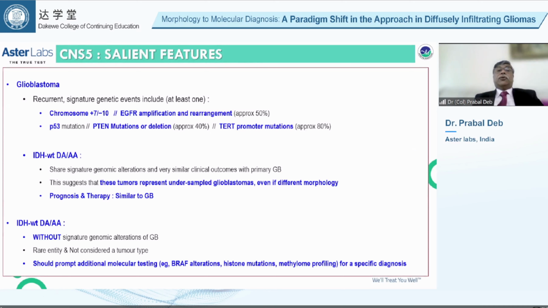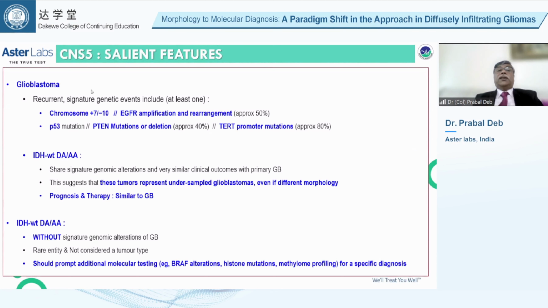Coming to glioblastoma, again reiterating that loss of chromosome 10, gain of chromosome 7, EGFR amplification or rearrangement, P53 mutation, PTEN mutation, TERT promoter mutation, at least one of these would lead to a genetic event and a genetic signature.